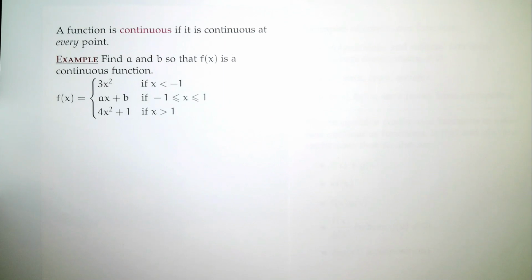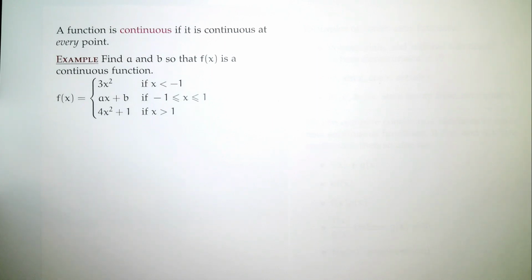So we want this to be continuous. Our function has 3 parts. If I'm below negative 1, I look like 3x squared. If I'm between negative 1 and 1, I look like ax plus b, where a and b are to be determined. And if I'm above 1, I look like 4x squared plus 1.